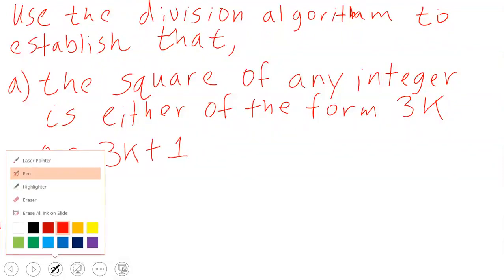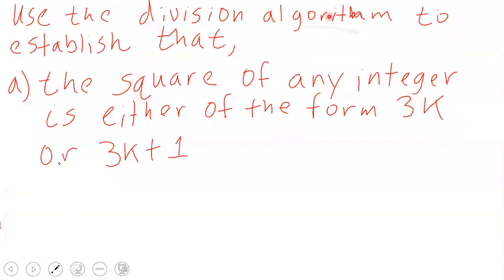So the question wants us to use the division algorithm to establish that the square of any integer is either of the form 3k or 3k plus 1.